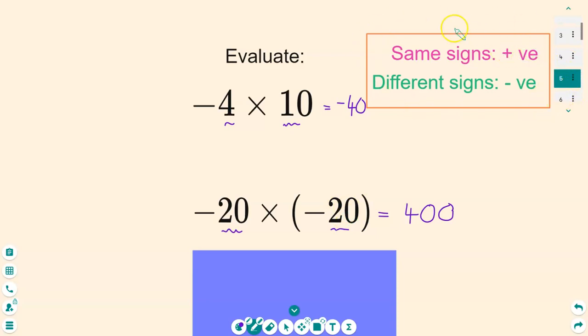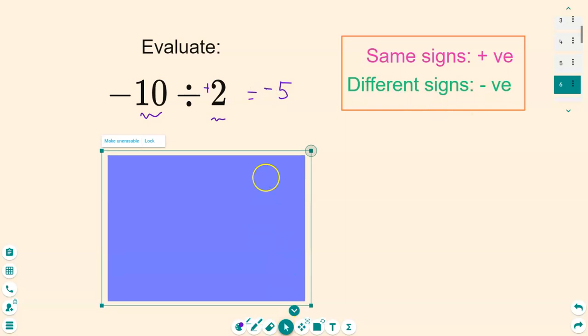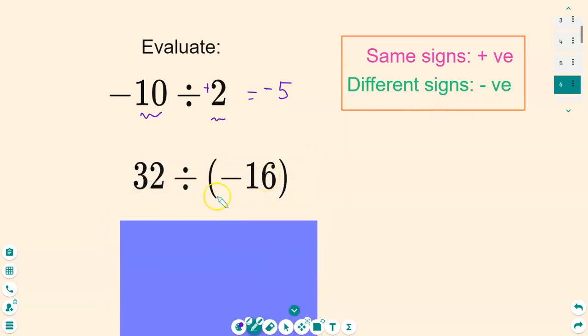So lock this bit of information in your mind. Again, negative 10 divide 2. Well, what's 10 divide 2? That's 5. And a negative and a positive will give us a negative number. Different signs, negative. 32 divide negative 16. 32 divide 16 is just 2.